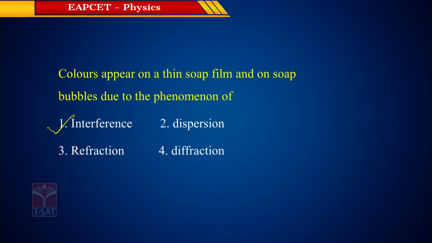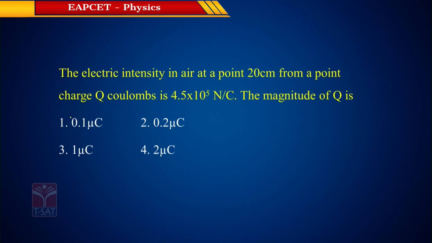And next, the electric intensity in air at a point 20 centimeter from a point charge q coulomb is 4.5 into 10 to the power 5 newton per coulomb. The magnitude of q is?